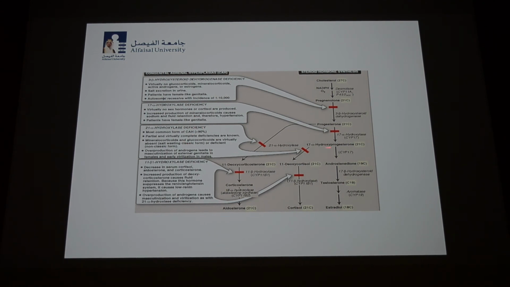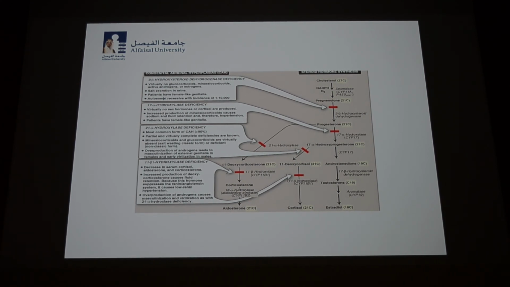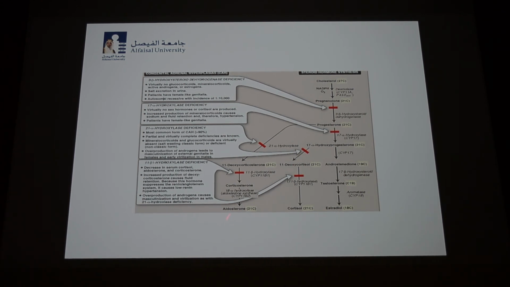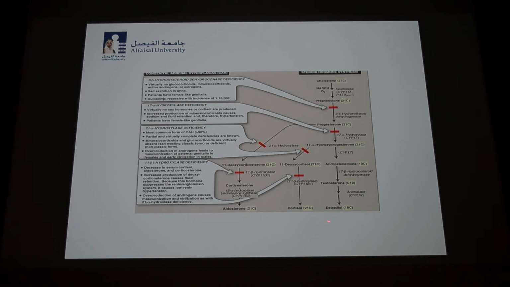And this will lead, when the enzyme stops the synthesis of deoxycortisol, to a decrease in the production of cortisol and aldosterone. So this will lead to a problem because these two hormones are important in the regulation of the minerals, and you have overproduction of sex hormones, steroid hormones.